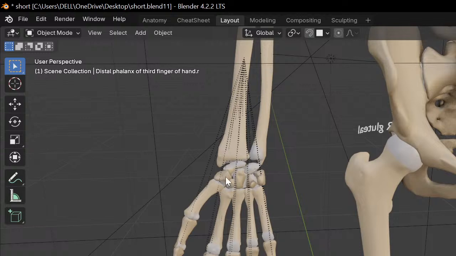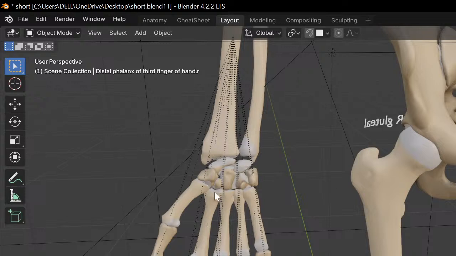Then in between the carpals and the metacarpal bones, we have the carpometacarpal joint. The first carpometacarpal joint is actually a saddle joint. Then the joints in between the carpal bones themselves are actually condyloid joints.